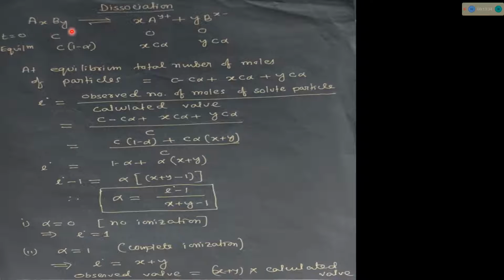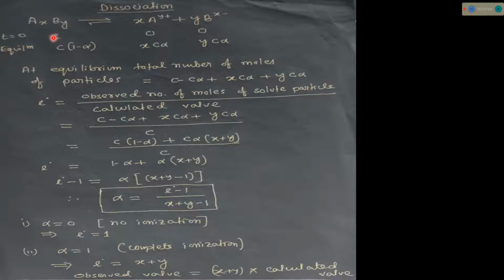So AxBy is a solute. Now it dissociates into x moles of A^y+ plus y moles of B^x-. Now when t equal to 0, C moles is present. If we consider C as a concentration, C mole per liter, so the whole solution is 1 liter, so we can consider C as a mole.